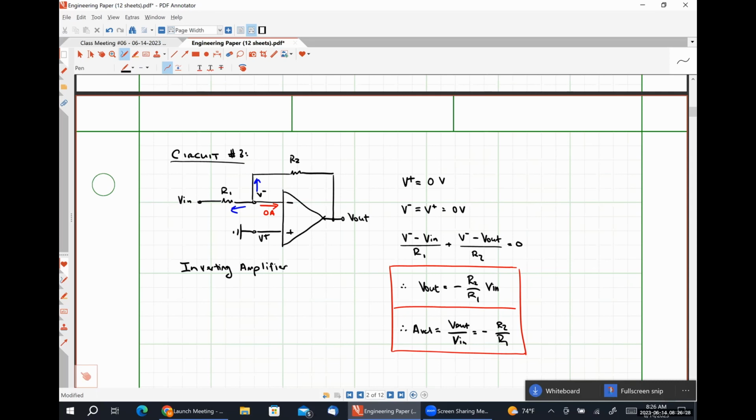So anytime R2 is greater than R1, our voltage gain is going to be large and negative. So we are going to change the polarity of our input signal, but we are going to scale it up. And anytime R2 is less than R1, we can also attenuate or make smaller. Our output signal will be smaller in magnitude than our input signal, but once again, we are also inverting the polarity of it, right?